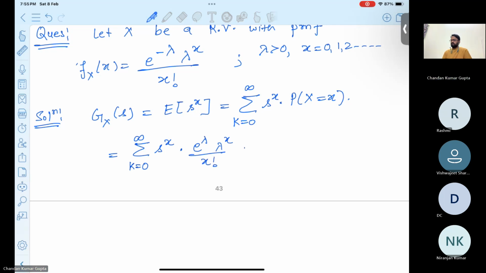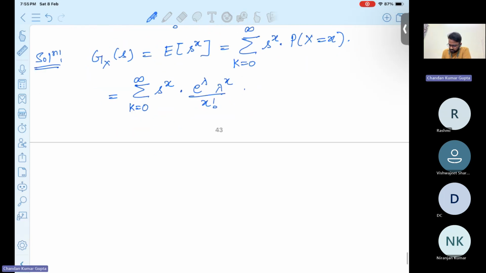Okay, let me write on the next page. e to the power minus lambda is a constant actually, so we have taken it common. So we have the summation from x equal to 0 to infinity of s to the power x, lambda to the power x. This may be written as (s lambda) to the power x upon x factorial.